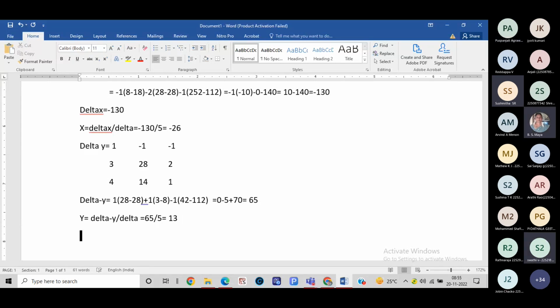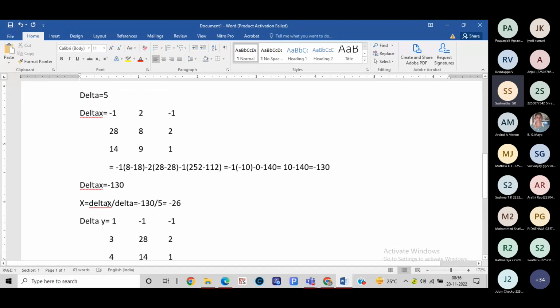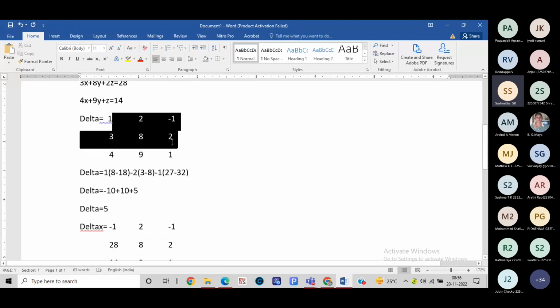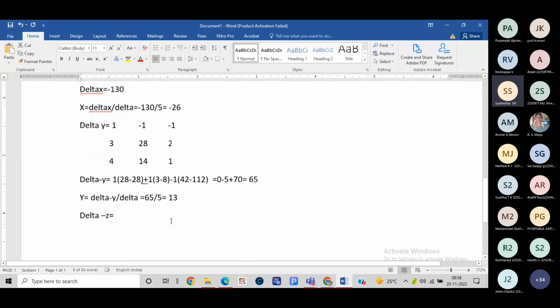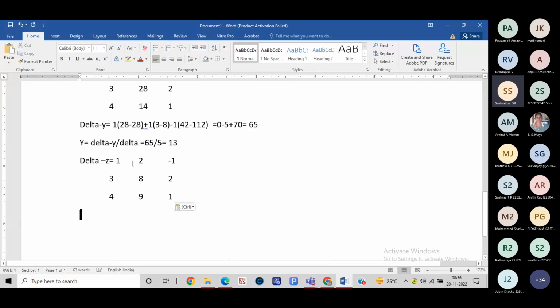What is remaining? Delta z. What is delta z? Can you copy on the same thing? Which column do I want to replace? Third column, the z column. 1, 28, 14.